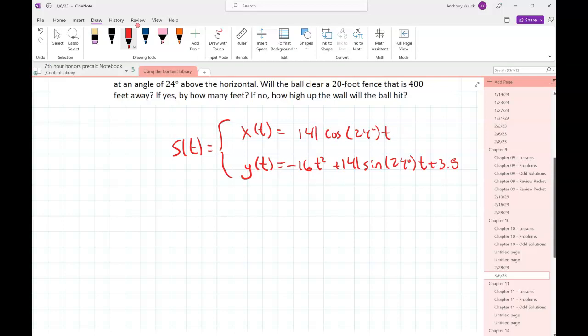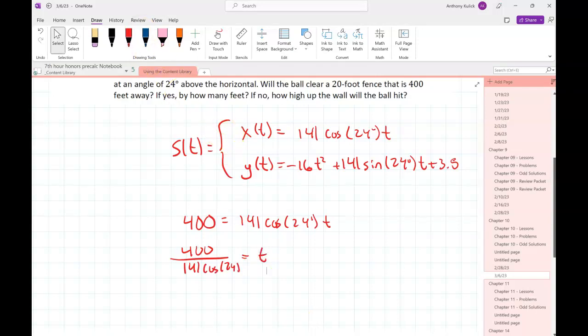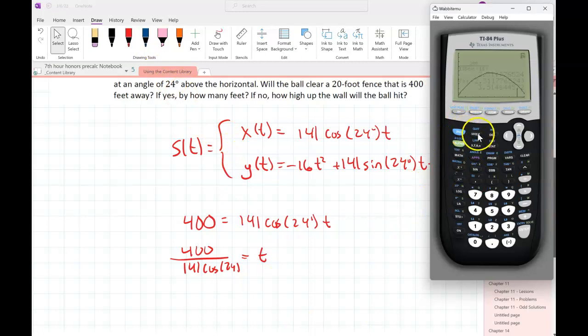All right, so we set up the same way. We take 400 and we set it equal to our x of t to solve for t. Let's see, what do we get there?